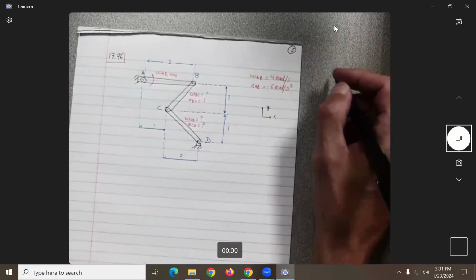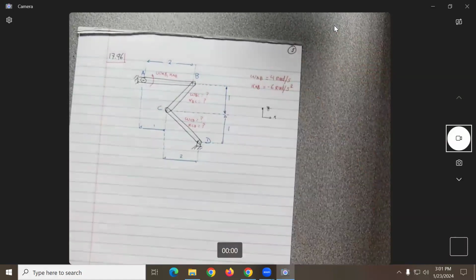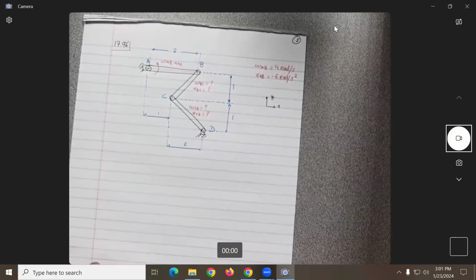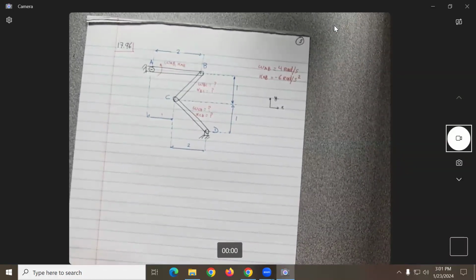Okay, let me know when you're done copying this. This is not difficult, okay? I mean, the first time it looks difficult, but you do good on this, Charlie.